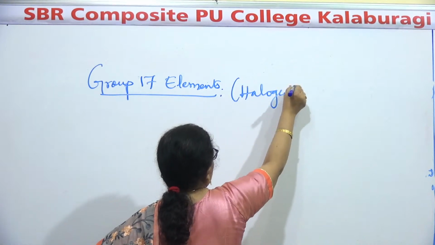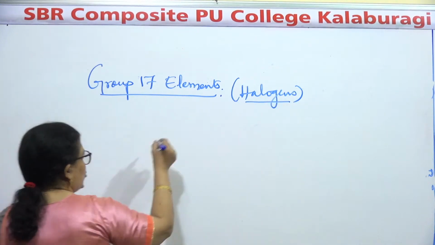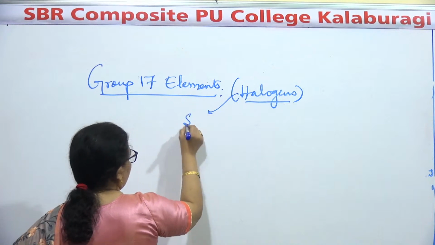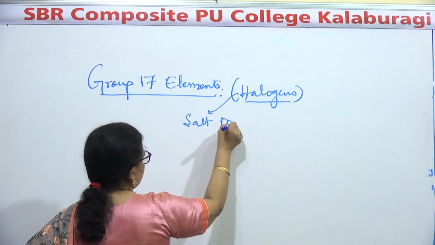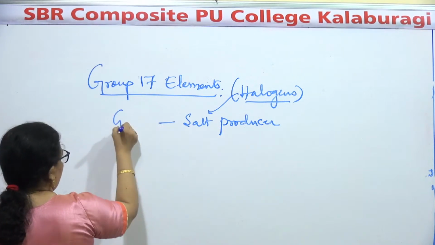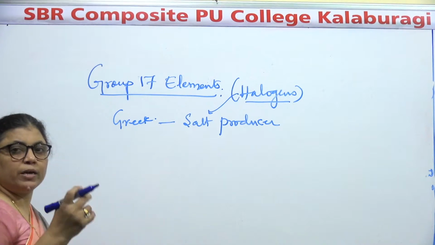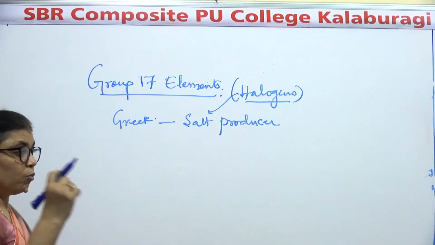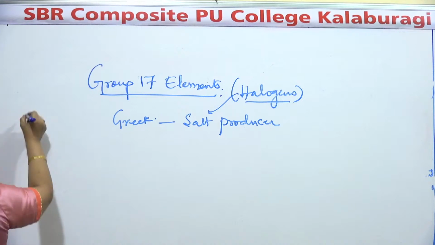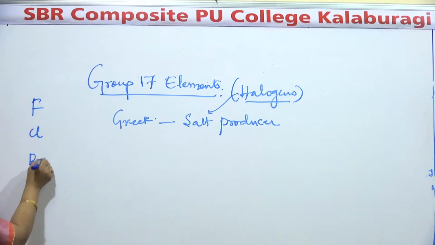It is a Greek word, where halogen means salt producer. Which elements are there? We will write fluorine, chlorine, bromine, iodine and astatine.